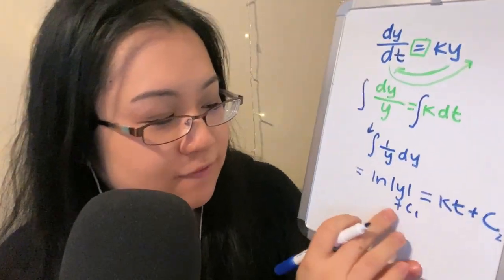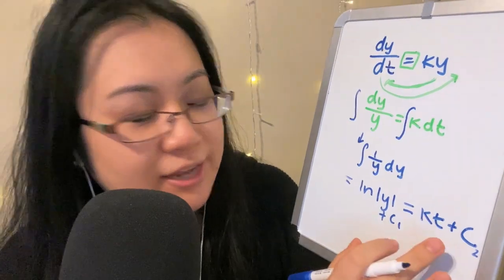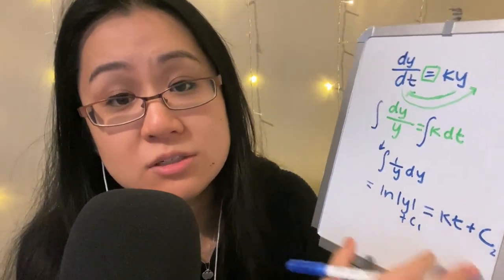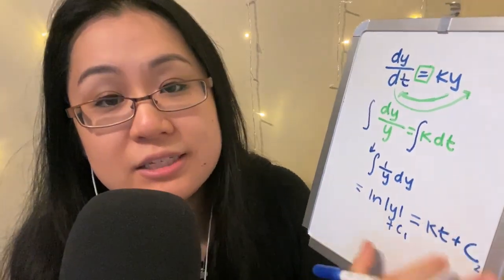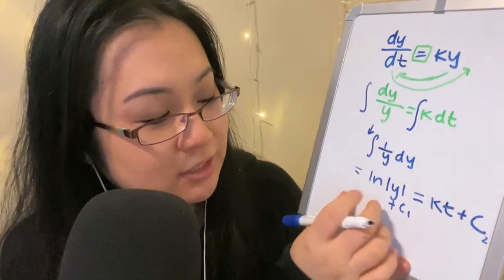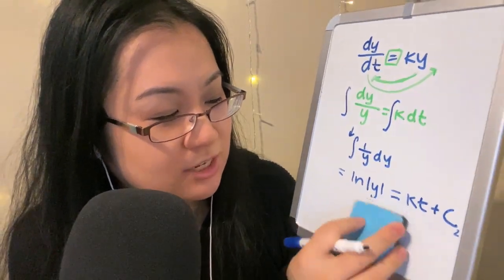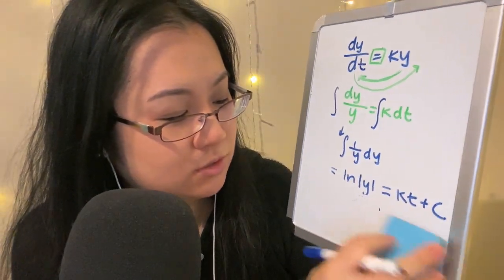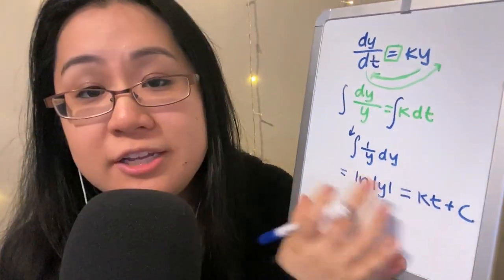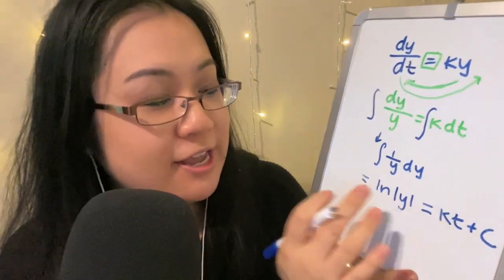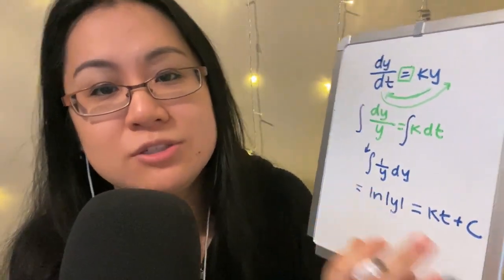If I had the c1 and the c2, I could subtract c1 over here, and c2 minus c1 is still a constant, right? It could be like plus 5 minus 3. It's still a plus c, so I might as well smush them together into a single c. So that's why I don't bother on this side, because we are still trying to keep this very general, and it's unnecessary to keep track of all these little c1s or c2s.